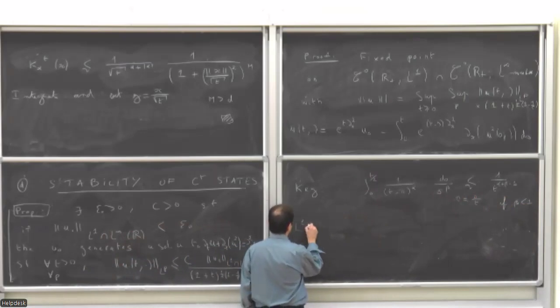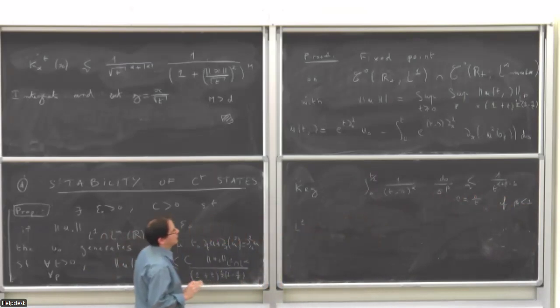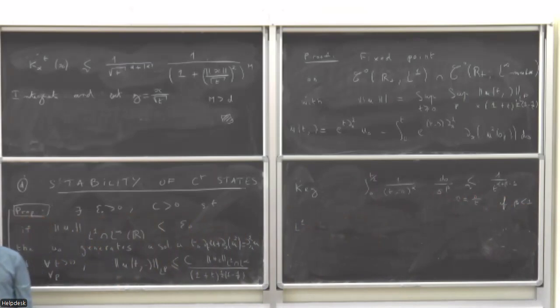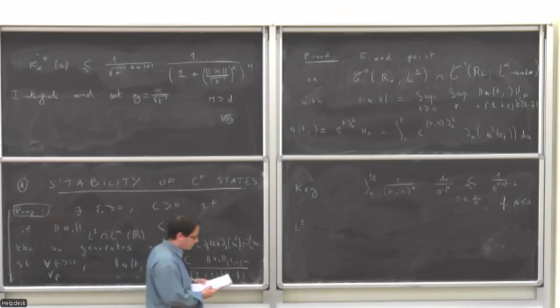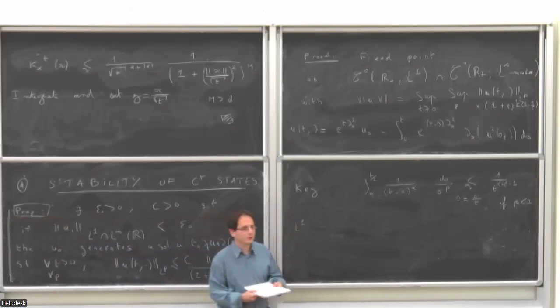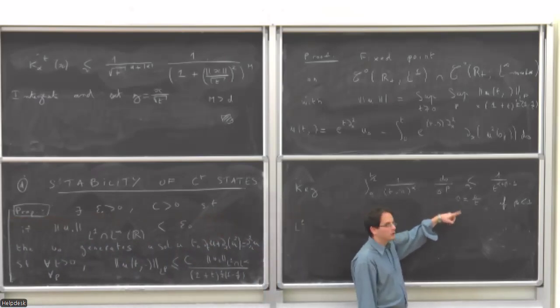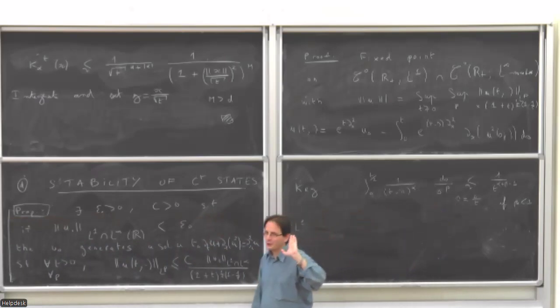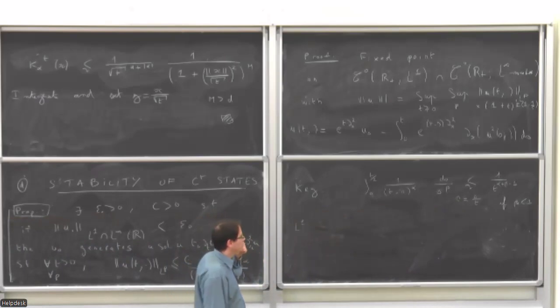Let's try this. I only need L1 and L infinity because I can get the rest by interpolation. So let's do first L1. If L1 does not have such decay, there is also not much choice.